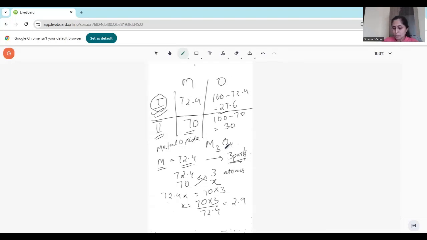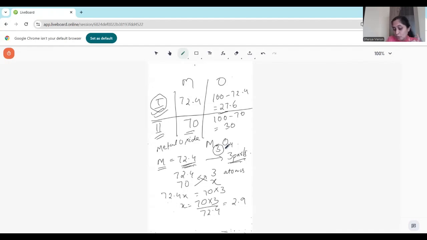So this was about the metal. The metal percentage for the first metal oxide is 72.4, and according to the formula, 72.4 refers to 3 metal atoms, because it's the same metal.